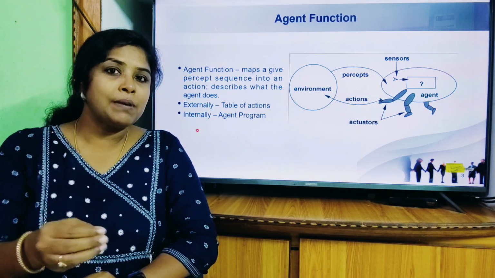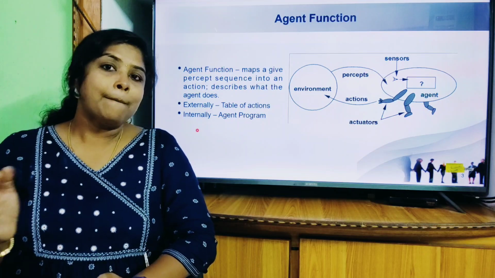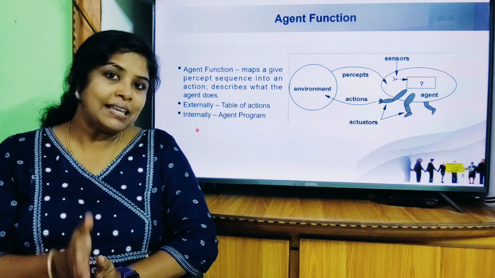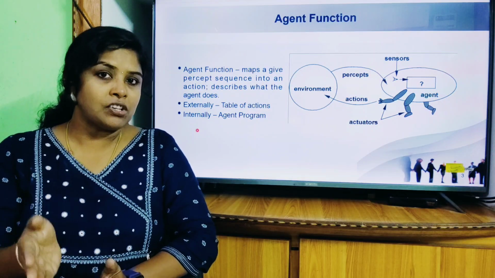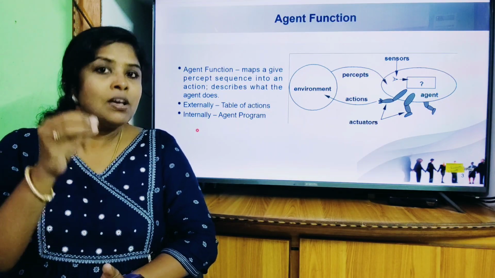So this is one simple example of agent, environment, perception and actuator. Here, what is the agent function in the example? The agent function is that it should cool the transformer immediately because it is overheated.